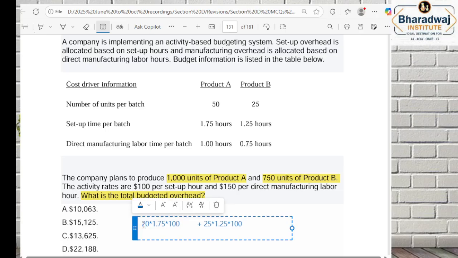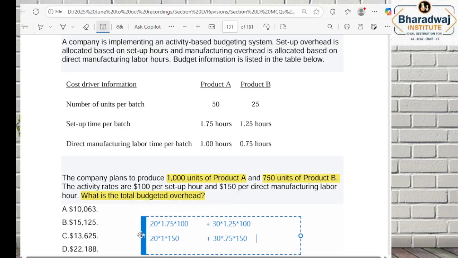20 batches into 1.75 into. Yes sir. Similarly for product B it is 30, sir. 30 batches. 750 by 25, 30 batches into 1.25 into 100. The other one, 20 into 1 into 150. 30 into 0.75 into 100. 150.